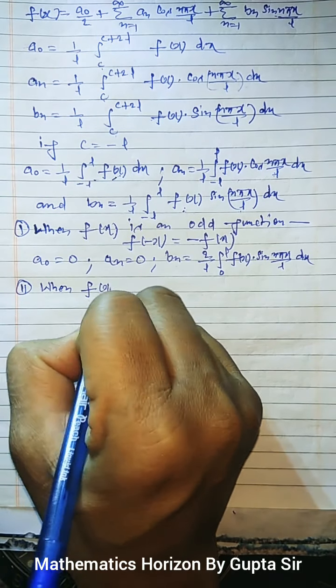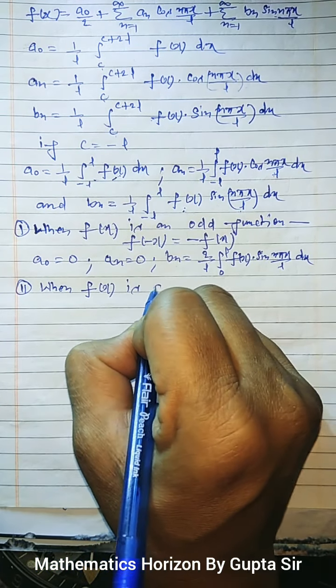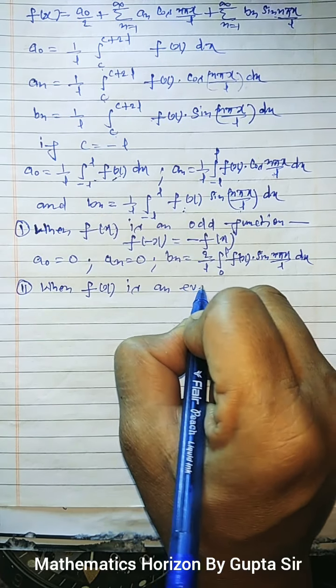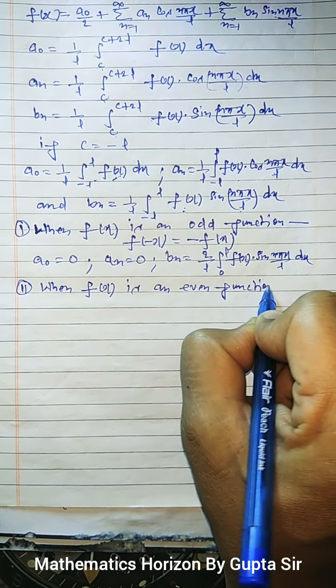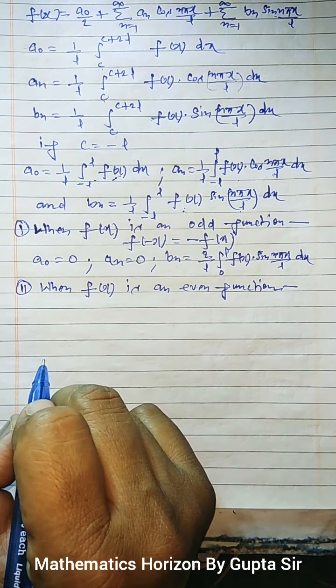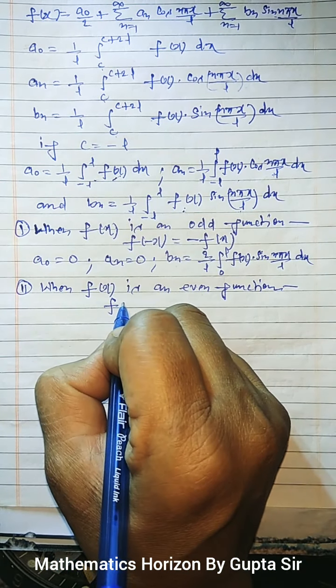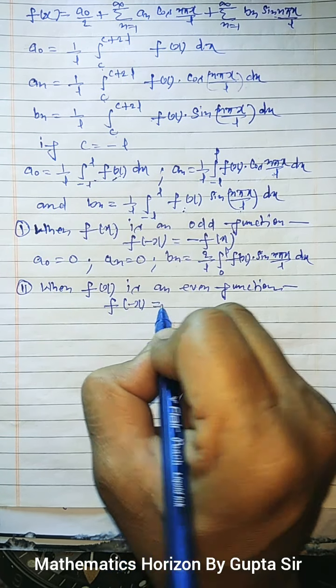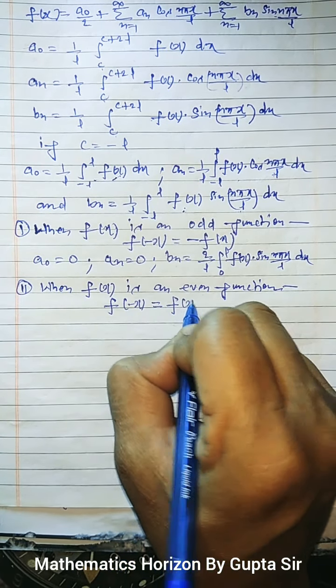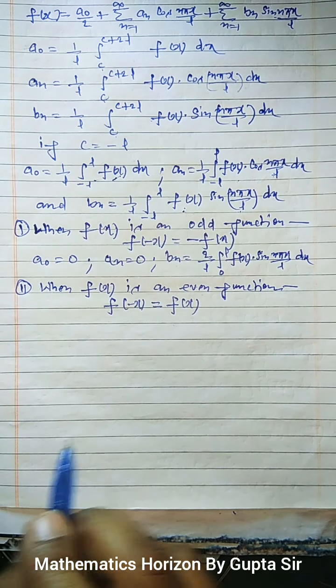When f(x) is an even function, means f(-x) is equal to plus f(x).